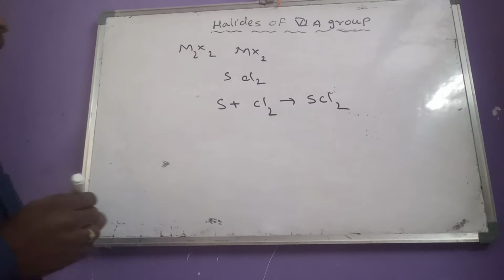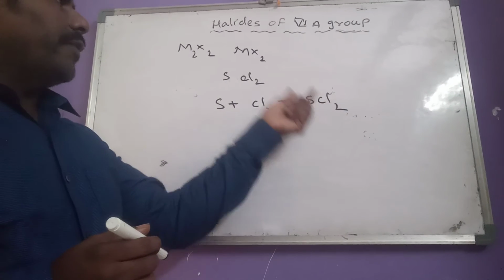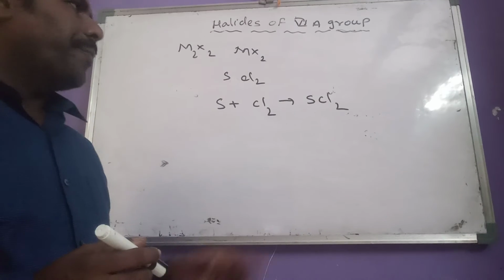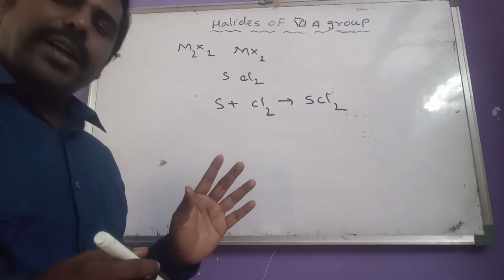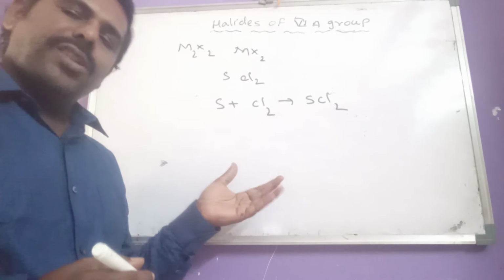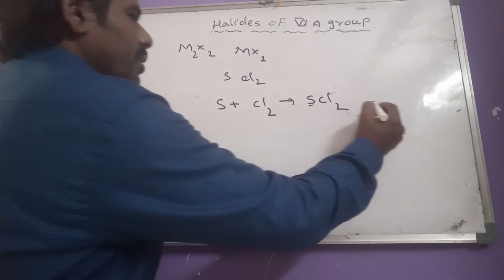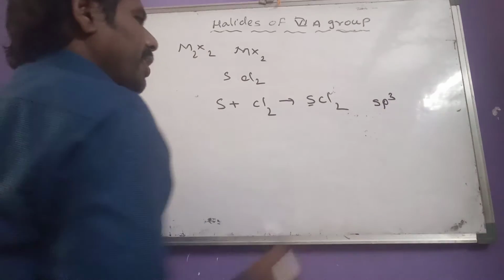So by the direct combination of sulfur and chlorine, we get sulfur dichloride. And what is the hybridization of the central atom in dihalides of chalcogens? See here, sulfur undergoes sp3 hybridization.